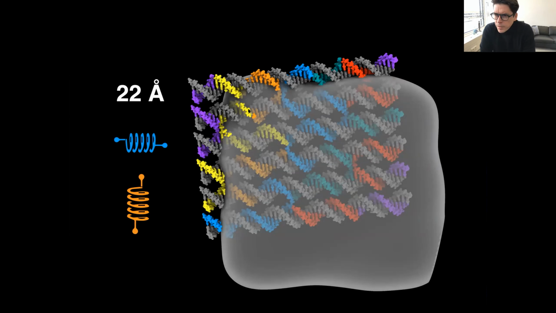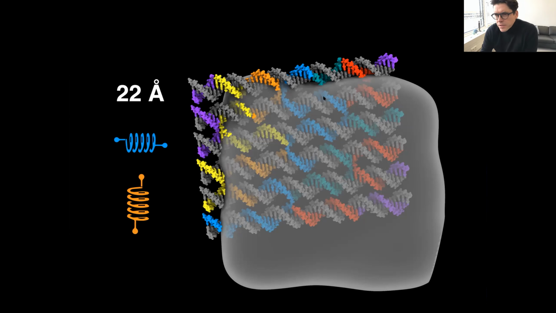And then, in the first stage, we low-pass filter our cryo-EM data so that it basically gives a blob, and then we run an MD simulation where the EM density acts as an additional force field, pulling the atoms of the DNA into particular places.